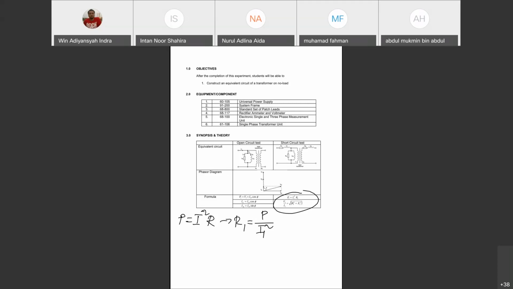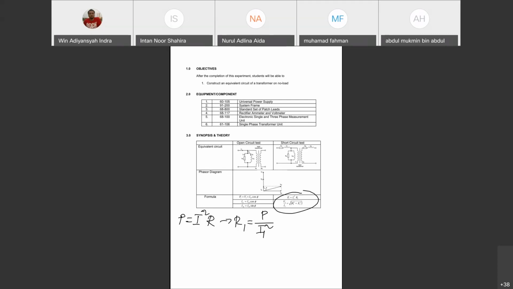The primary current is the one you get, remember, when you rotate the voltage so that the secondary current A2 becomes 0.4 ampere.